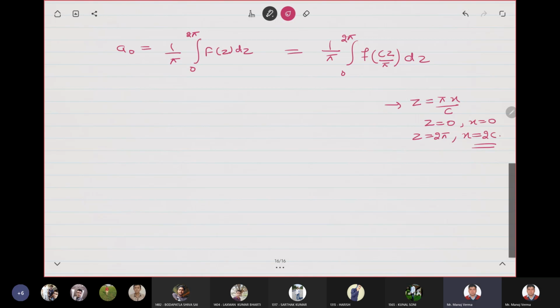The value of x will become 2c. So the limits will change from 0 to 2 pi to 0 to 2c, right?